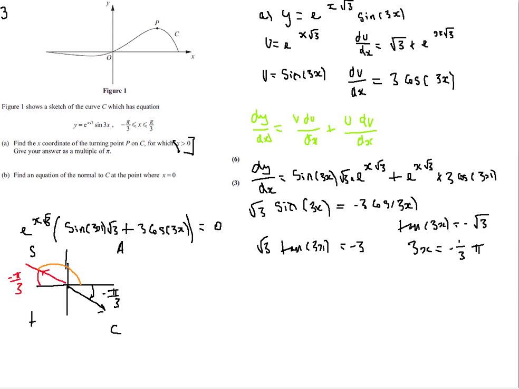And what is that angle going to be? 3x will equal pi, because if we go all the way around it's 2 pi, so halfway around it's 180, or pi, minus the pi over 3.